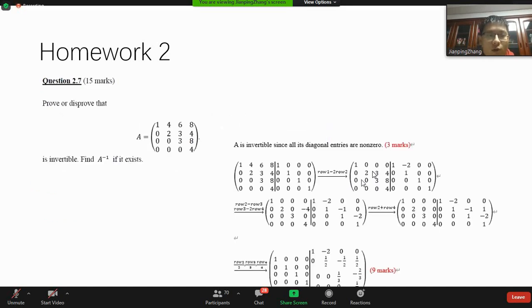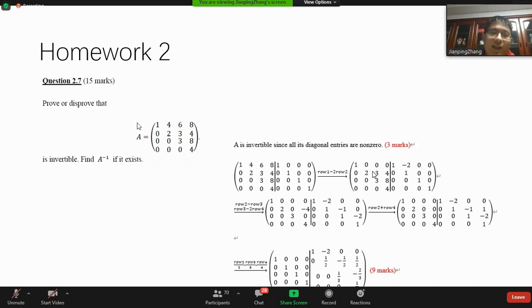For the next question, you prove that A is invertible. To prove a matrix is invertible, you can just show that it is full rank, or we say all the diagonal values are non-zero. So it's quite straightforward.